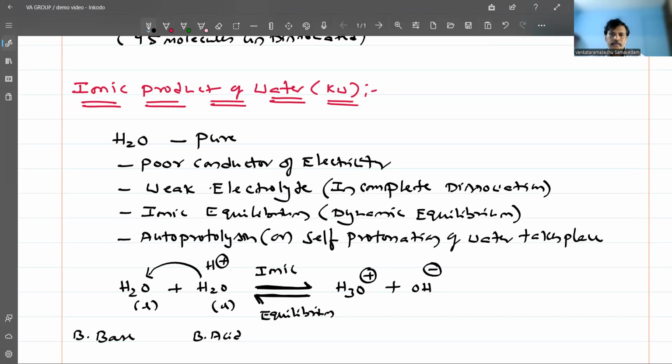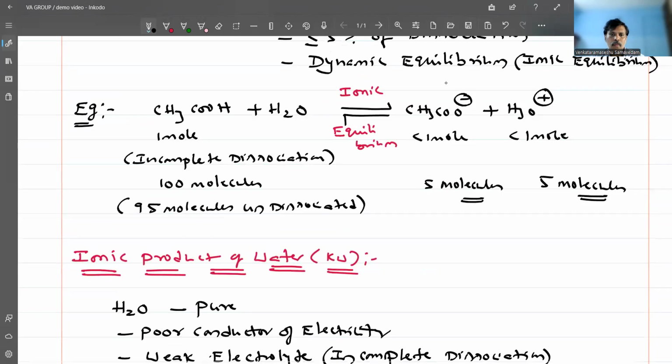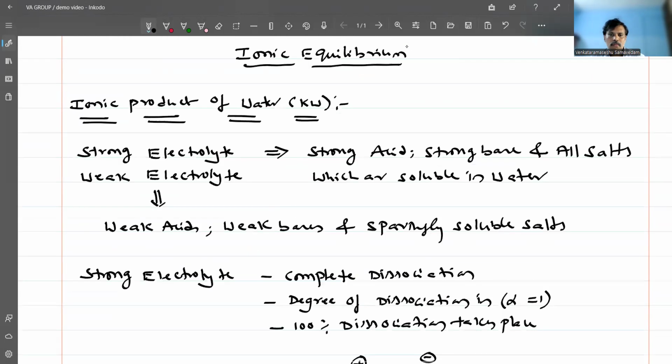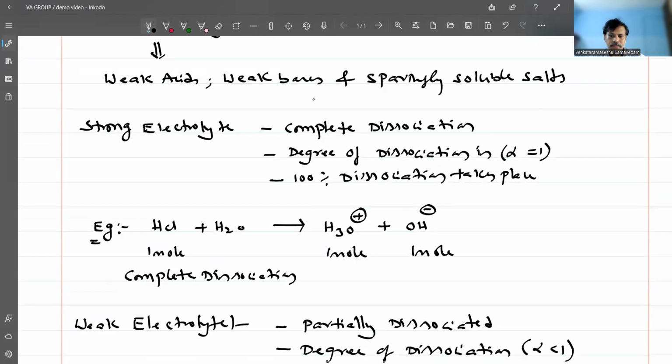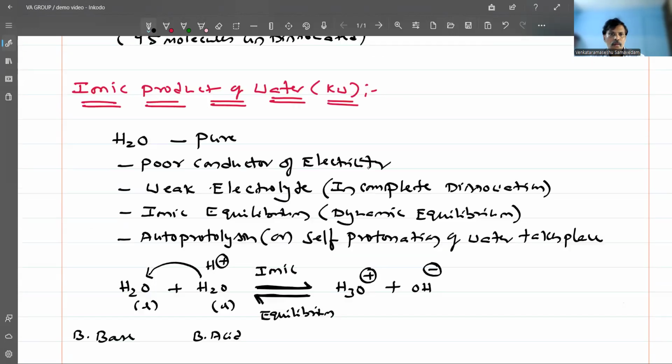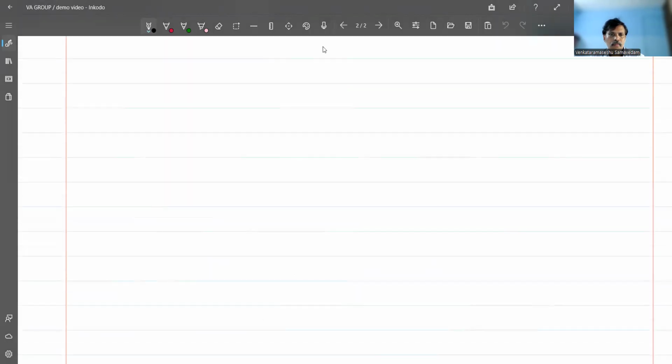Now, let us consider this. The above equation I can represent like this. I will take water as aqueous, with equilibrium.